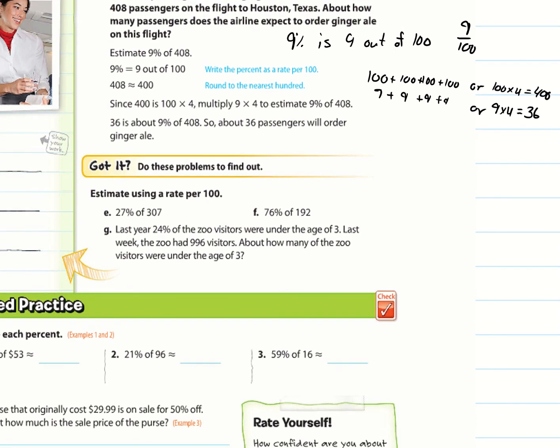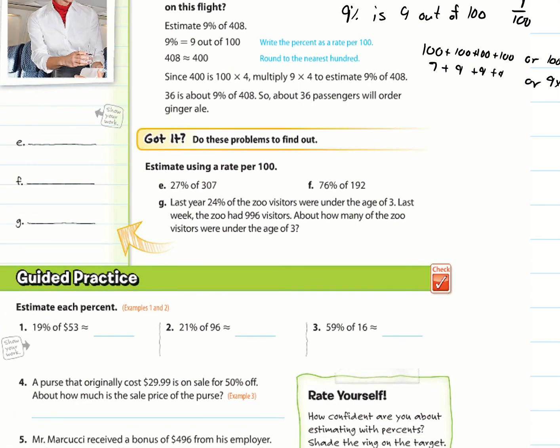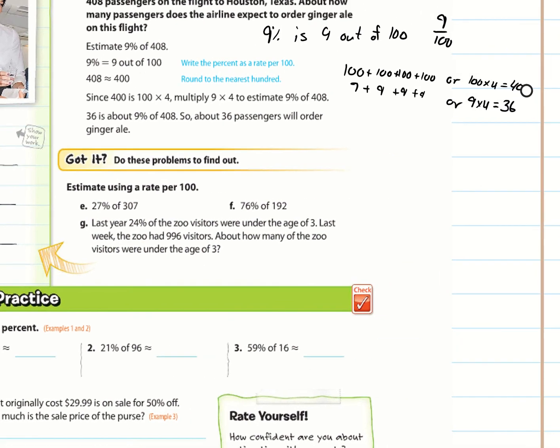So I'm going to do E with you guys, and then I want you guys to try F and G. So we'll do E here. So 27% of 300. I'm sorry, 307, and I'm going to estimate that to 300.